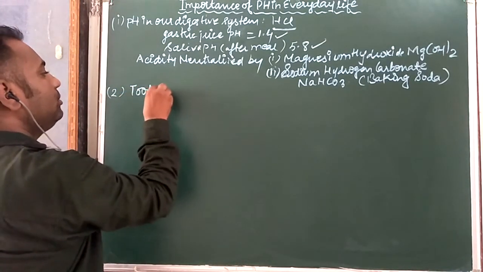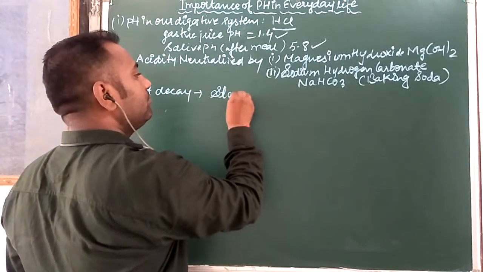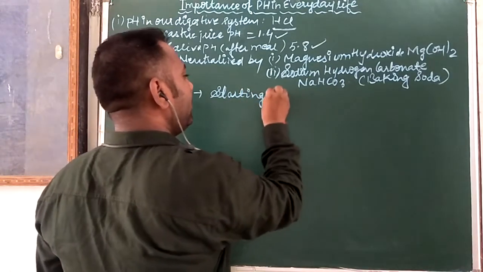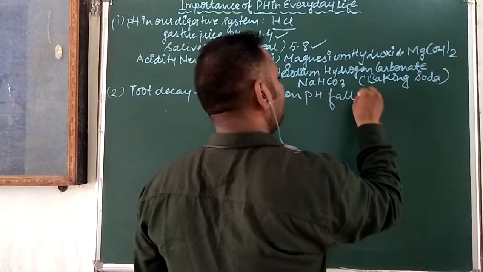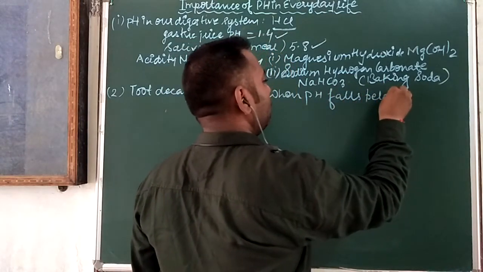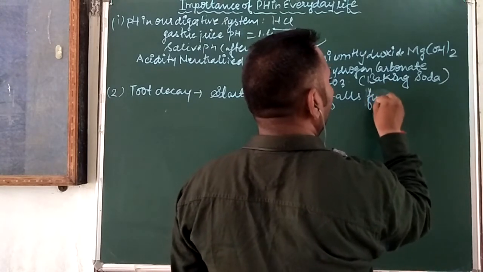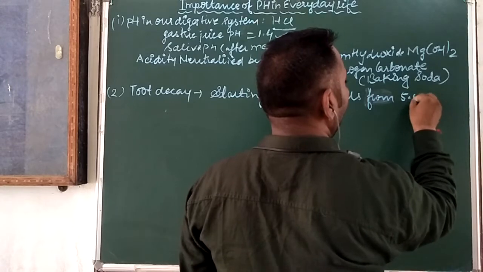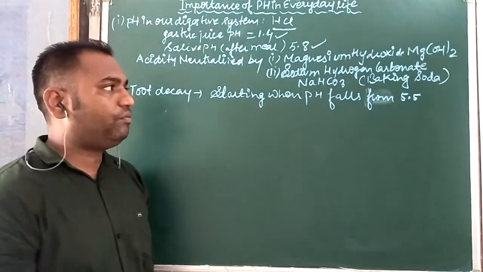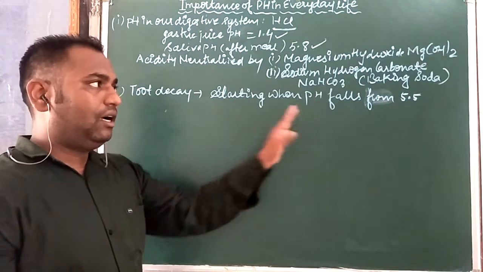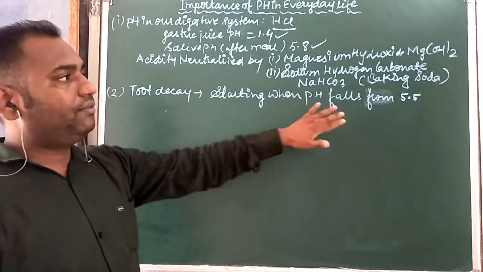The second one is tooth decay. Starting when pH falls from 5.5, it is going to decrease, going to 4, 3, 2, 1 from 5.5.